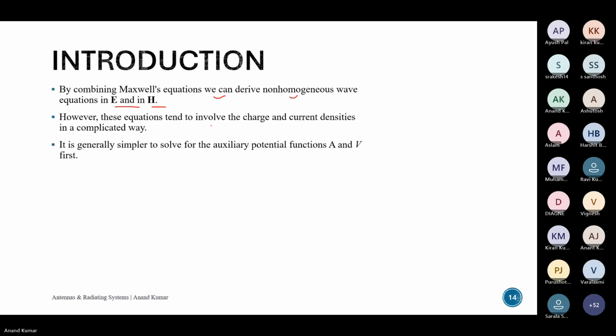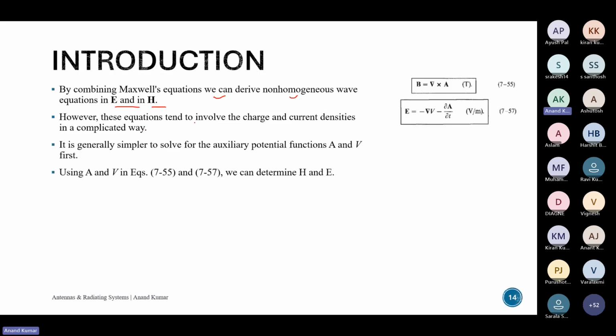I'm assuming everybody remembers Maxwell's equations, and in electromagnetic theory we had discussed the auxiliary potentials: the auxiliary vector potential and the auxiliary scalar potential. Just give me a second.